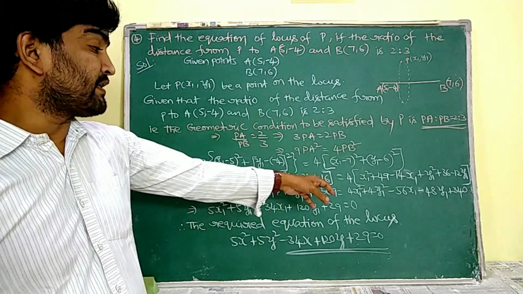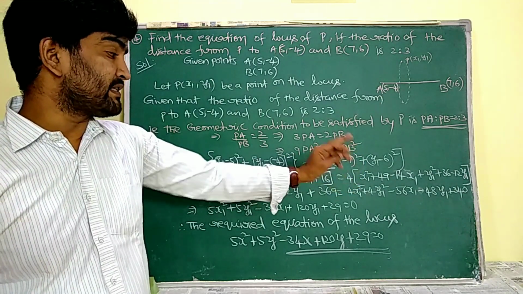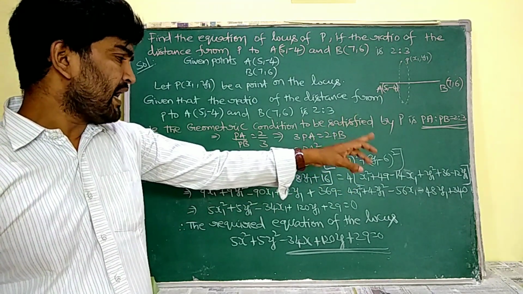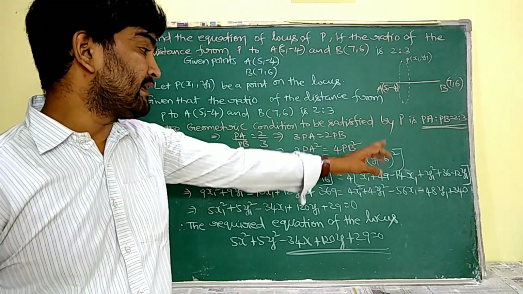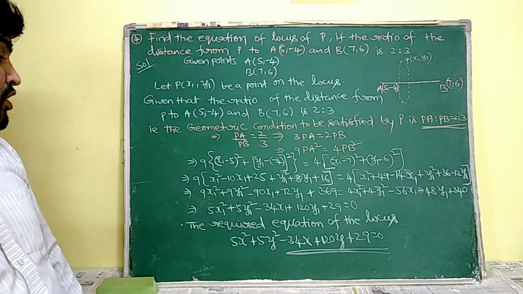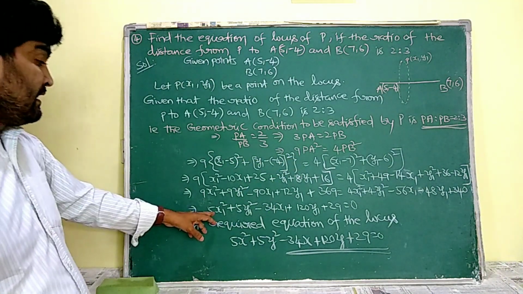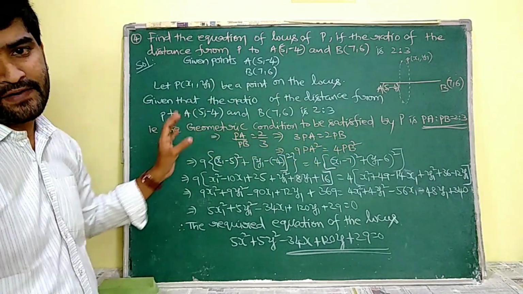That is equal to 4x1 square plus 4y1 square, and 4 14s are 56x1 and 4 12s are 48y1, and this 49 and the 36. Now 85 4s are 340. Now see, bring all those right hand side values to left hand side.